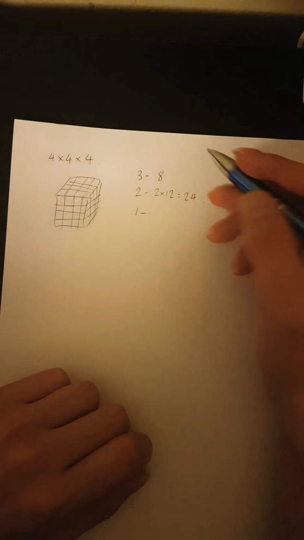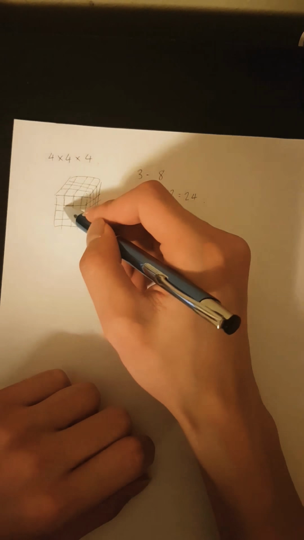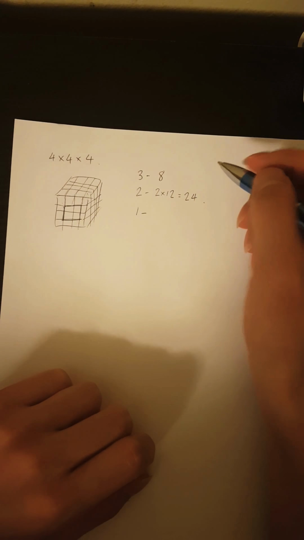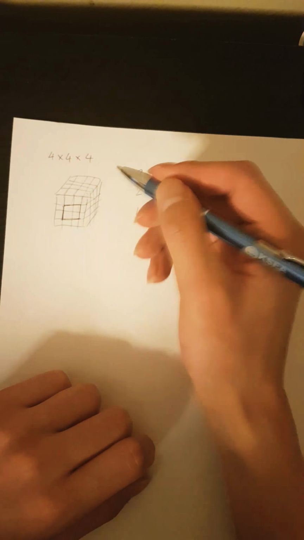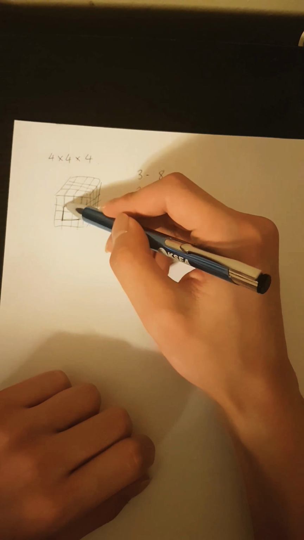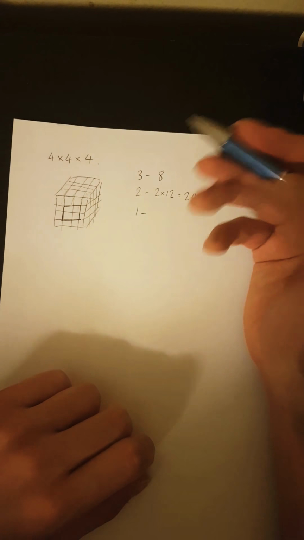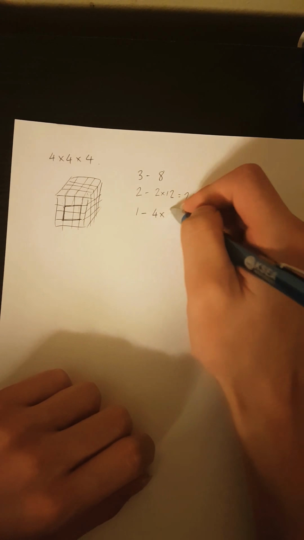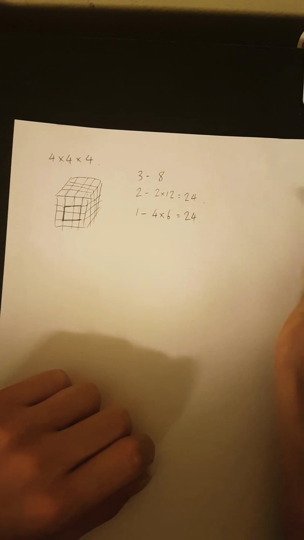Looking at the number of cubes that have one face colored, we're basically looking at the cubes that are in the middle per face. And in this case, how many cubes are there in the middle per face? There are 4, right? So it's going to be 4 times how many faces are there in a cube? 6. So it's going to be 24.